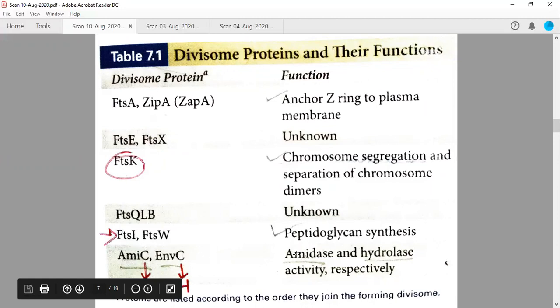The first one is amidase and the second one has hydrolase activity. Amidase will break the amide bonds or peptide bonds. So it may be a kind of protein which, as Trishla asked, can be required to degrade polypeptides, okay, and hydrolase activity. So these also have roles in some other protein activities.